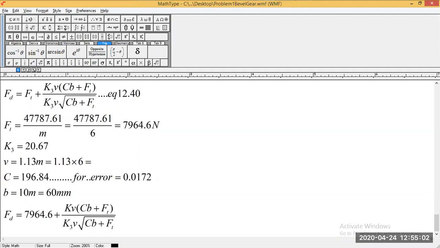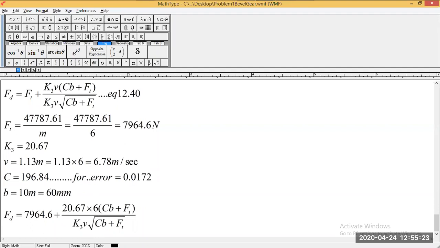K3 is 20.67 into V. V, everybody found V. 0.13 times 6, 6.78 meter per second.